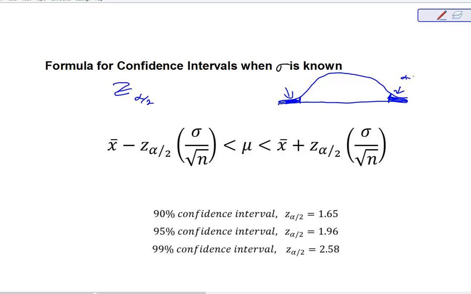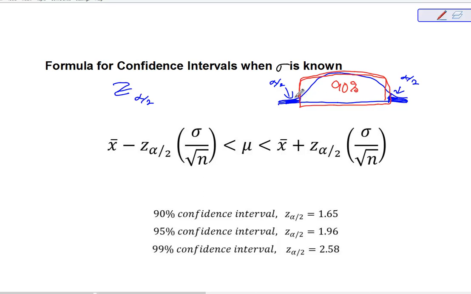What we say alpha divided by 2 is in here. If we're looking at, say, a 90% confidence interval, 90% is in the center here. We're 90% sure that it's in here. So that means 10% of it is left over.